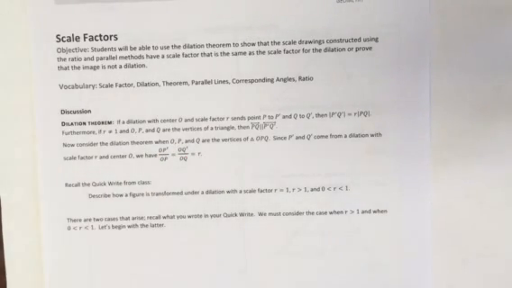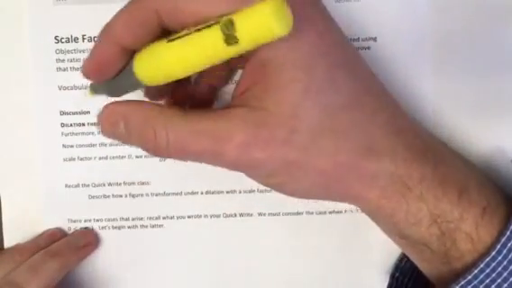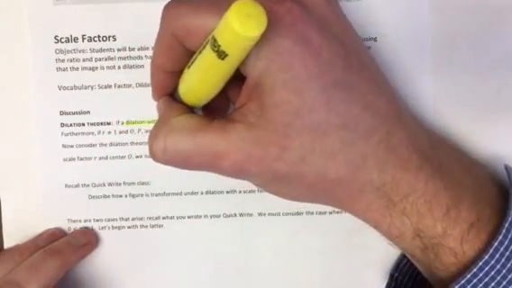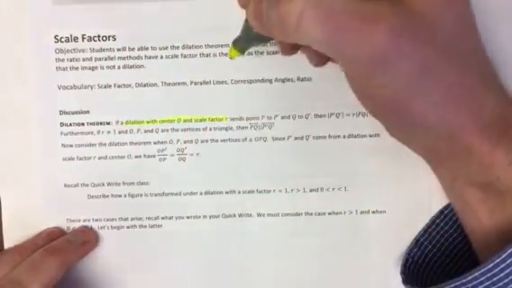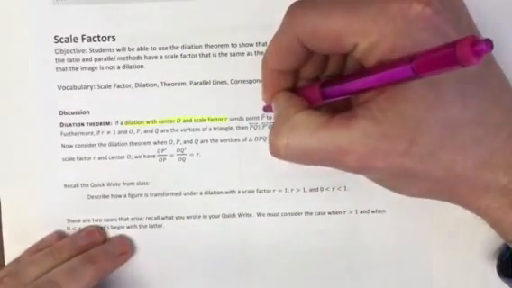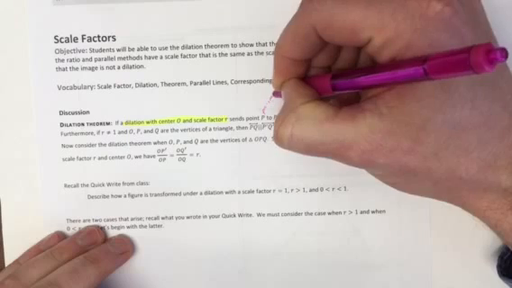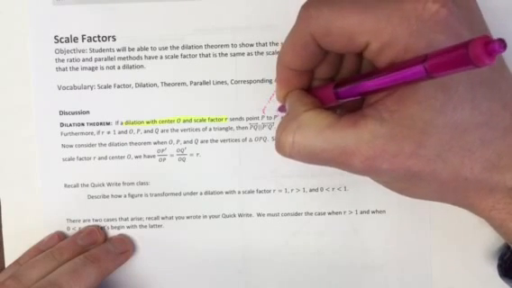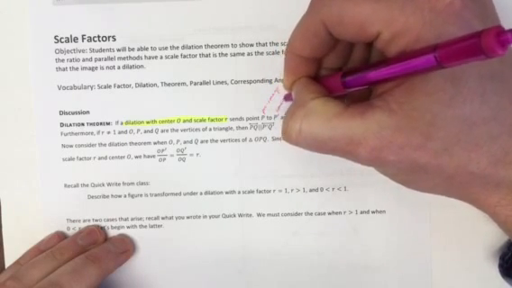Again, we want to make sure we understand the parts of the dilation: a dilation with center O and a scale factor of R. You may want to reword some of these to make sure you understand that this is the pre-image, and this is the result, or the image.